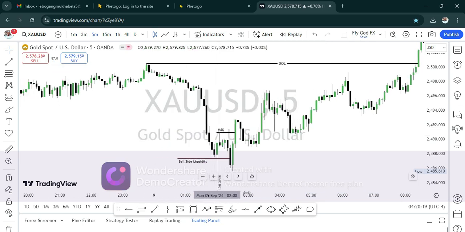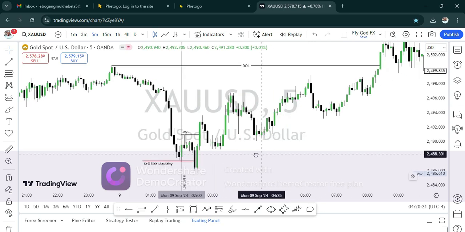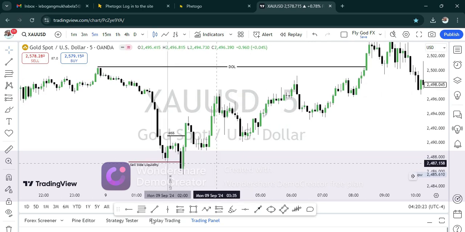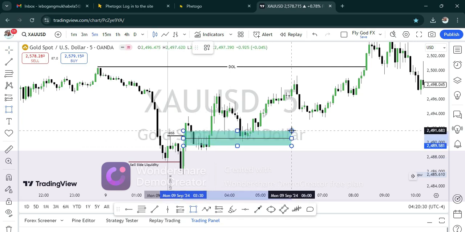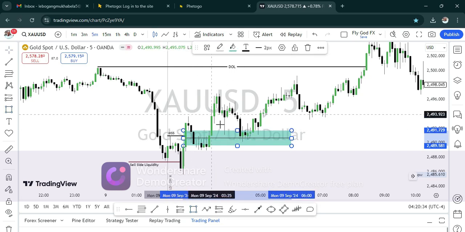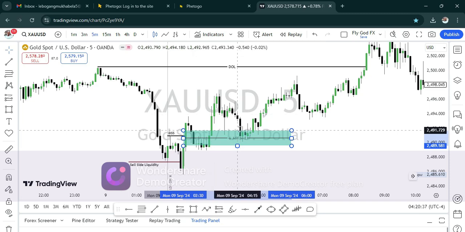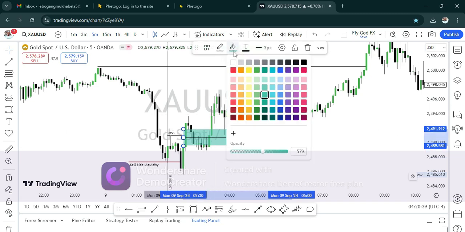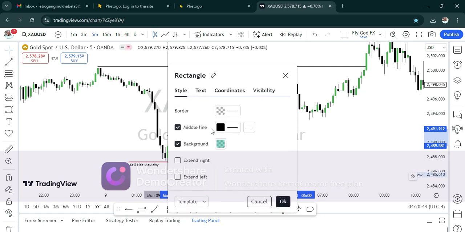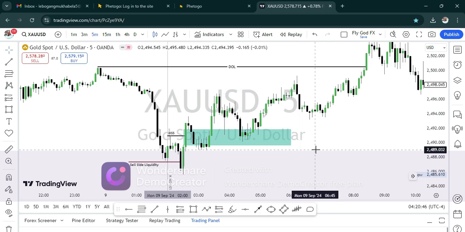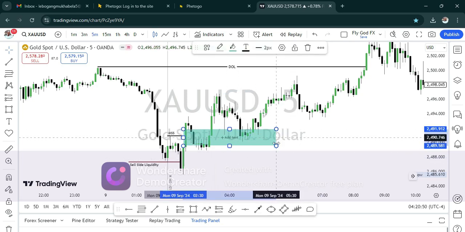So now I'm just going to show my entry points, how I normally enter during my sessions. Here we have a fair value gap that was violated. But sometimes if you are cautious, you want to revalidate why you want to take this setup.